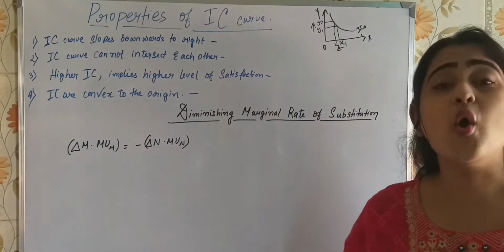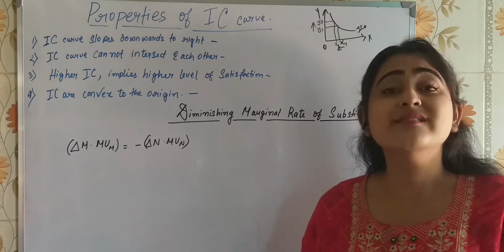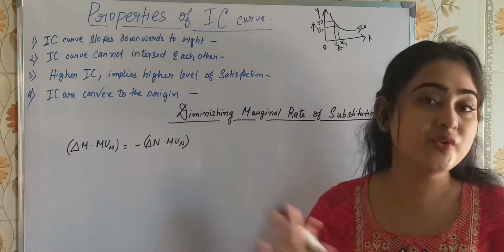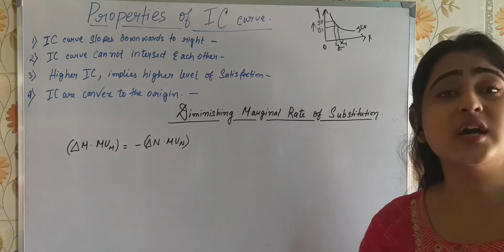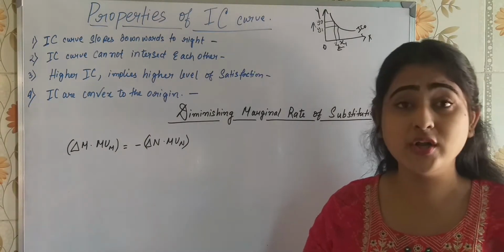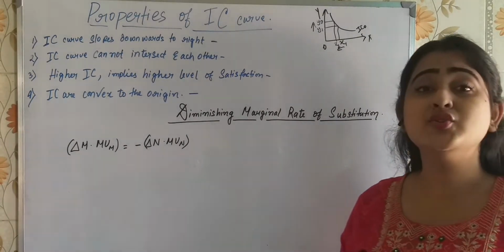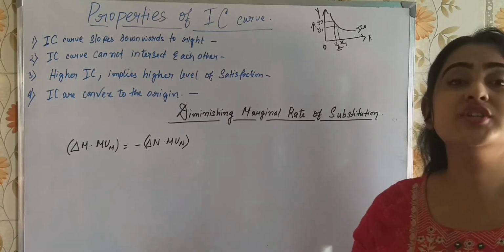You see, we always have limited resources. Within those resources, you need to get the maximum utility. We all know that along an indifference curve, the level of satisfaction or the utility remains the same. Got it? Now, when it remains the same, you need to choose the bundle which will be beneficial for you.